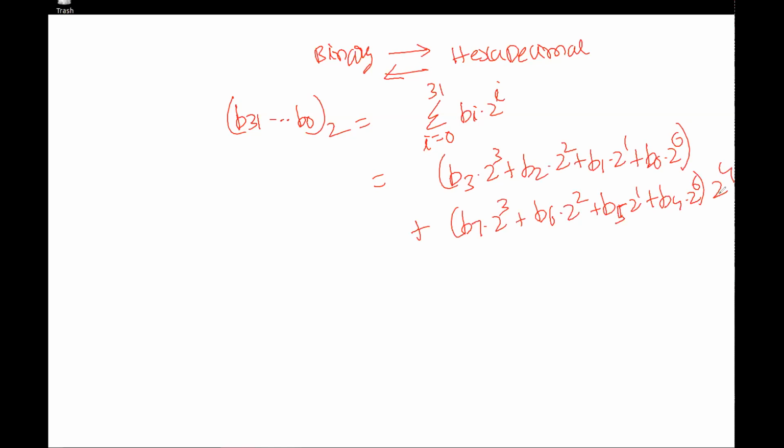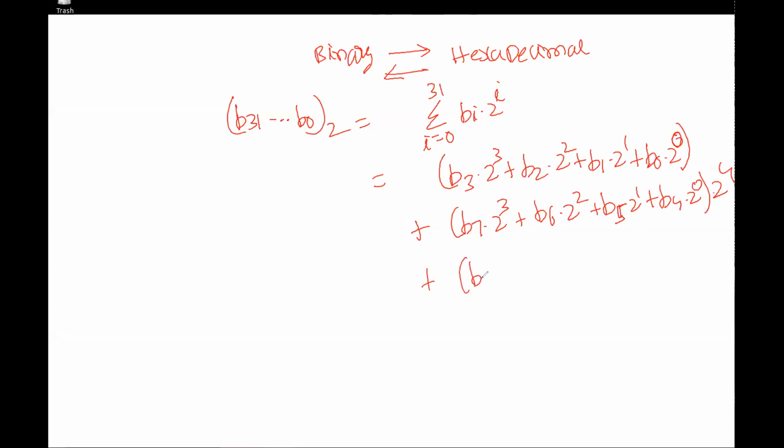Does this make sense? The second summation? Because when we take 2 power 4 inside, this 2 cube becomes 2 power 7, this 2 square becomes 2 power 6, this 2 power 1 becomes 2 power 5, and this 2 power 0 becomes 2 power 4. Are you with me in the way we are rewriting this summation?